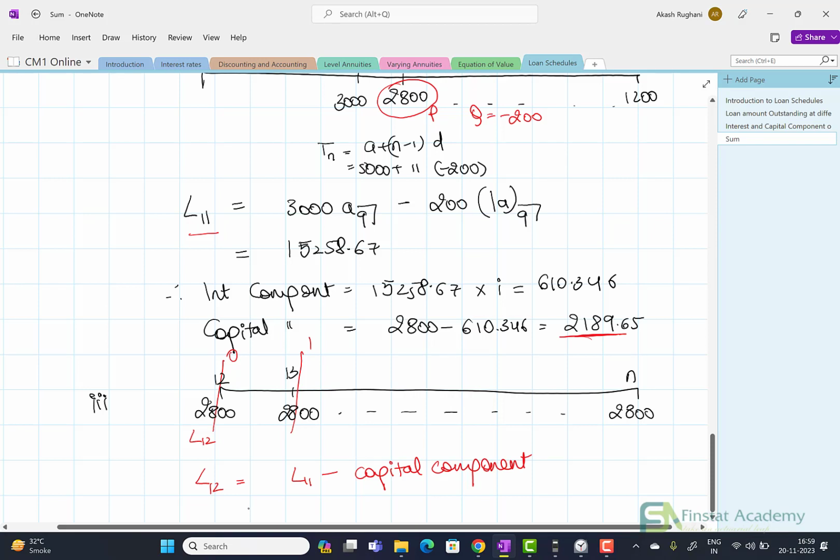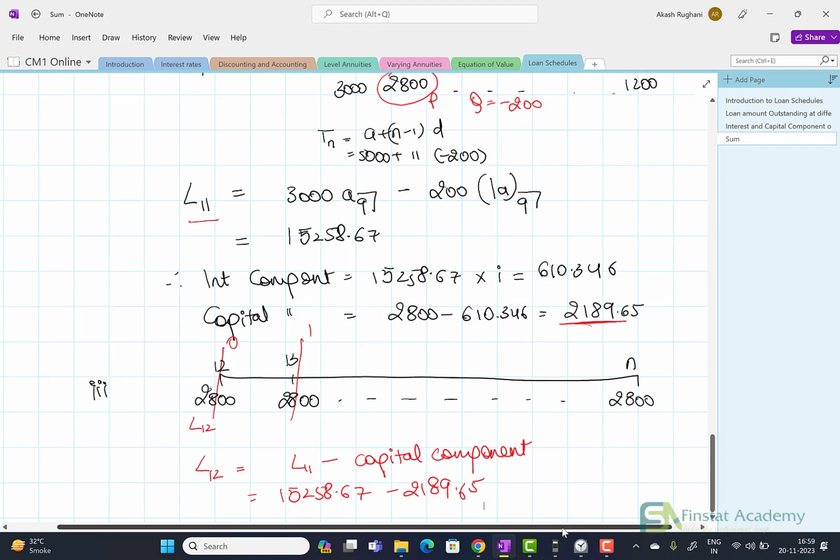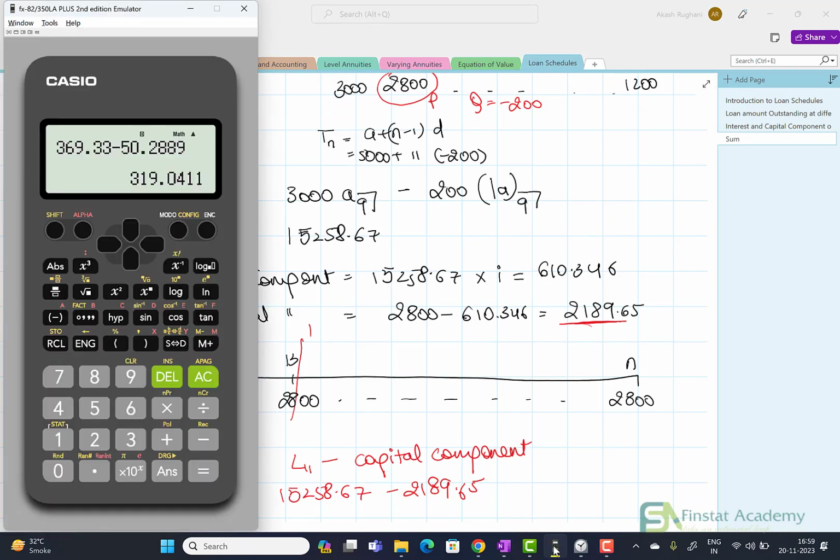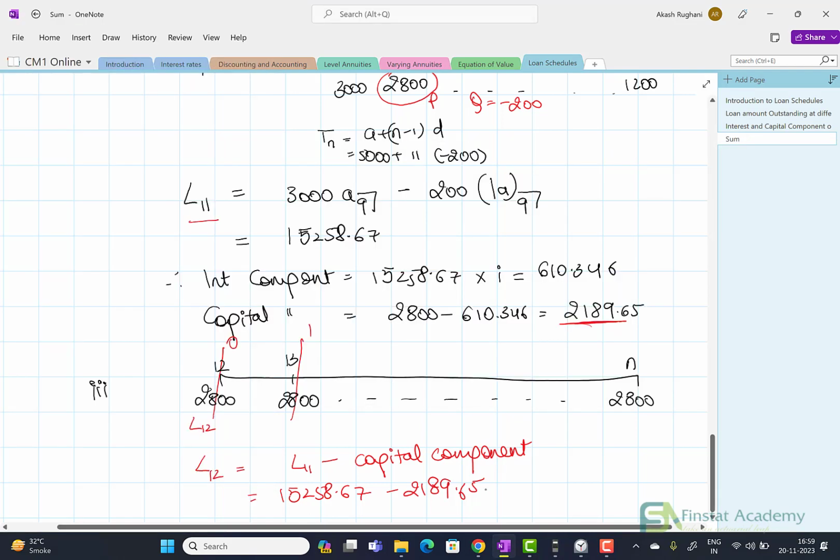So it will be 15,258.67 minus 2189.65, which is 13,069.